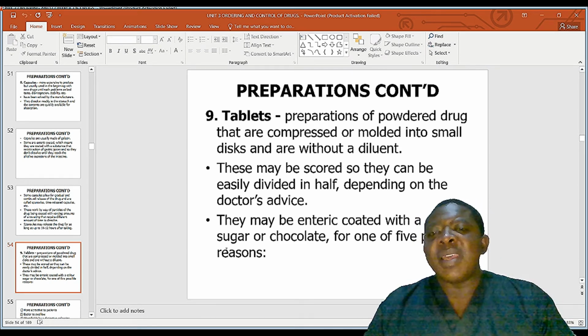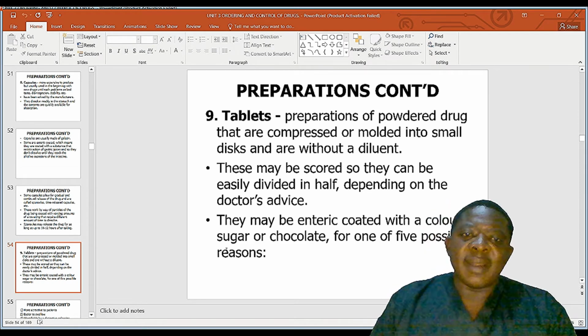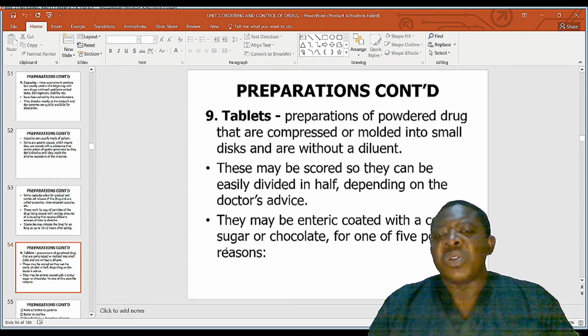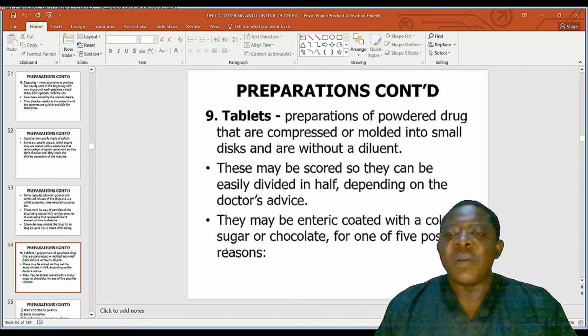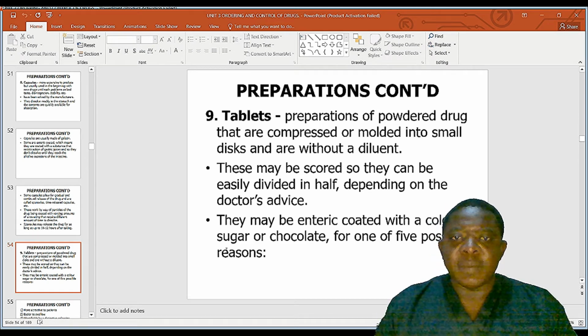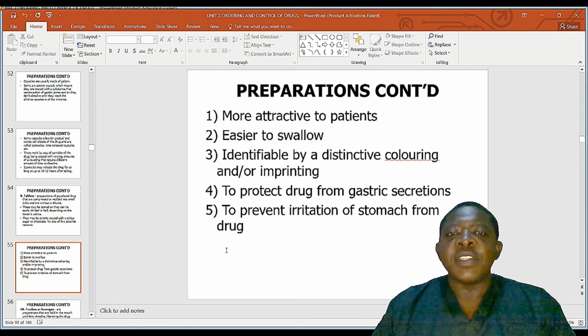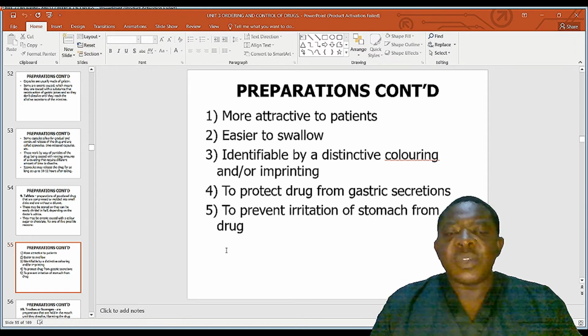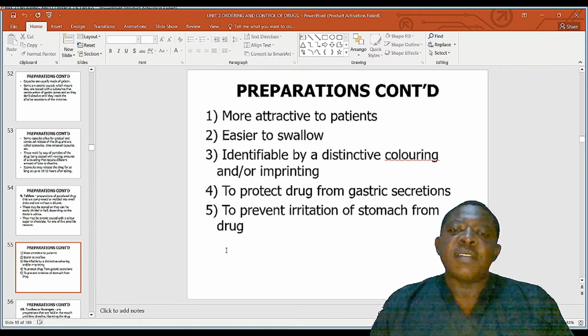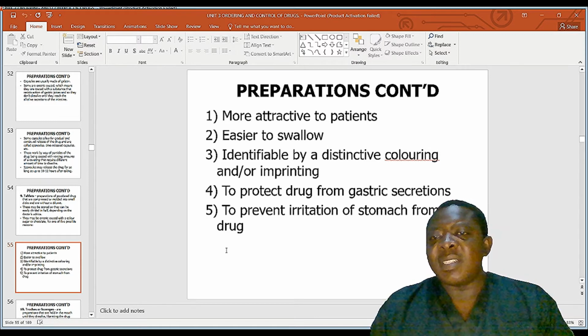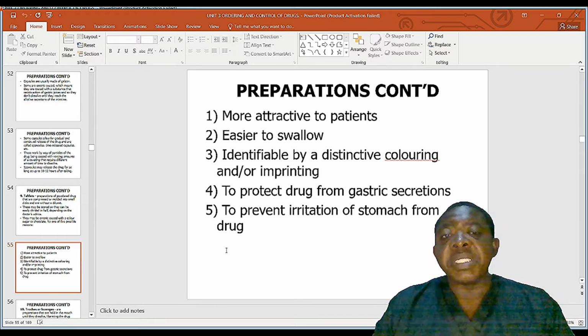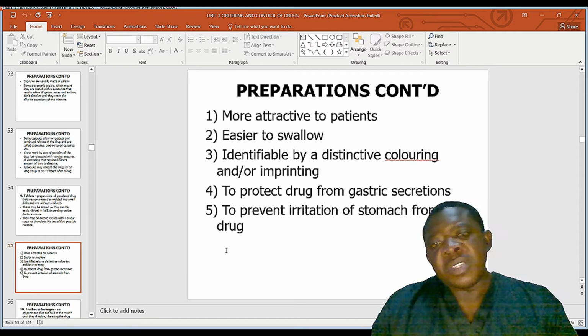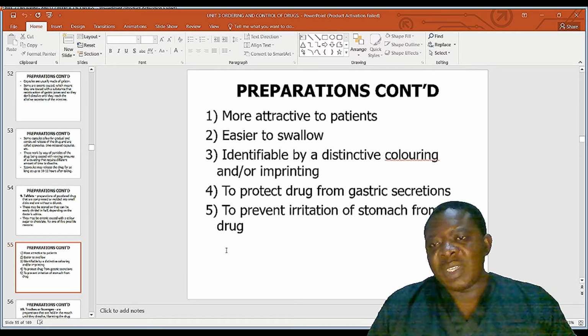They may be enteric coated with color, sugar, or chocolate for one of five possible reasons that I'm going to give here. One is to make them more attractive to patients and easier to swallow. Another is identification, by a distinctive coloring or imprinting. Then the other reason is to protect the drug from gastric secretion.